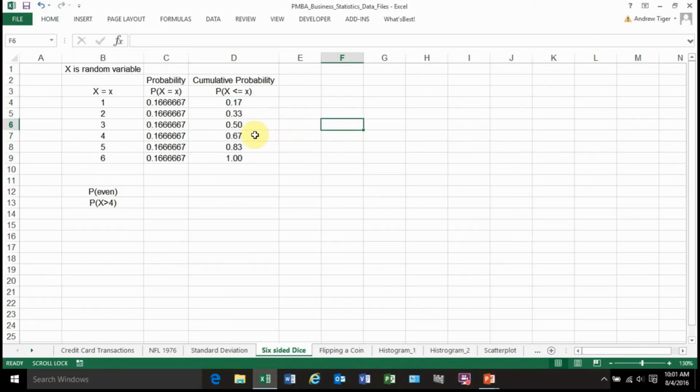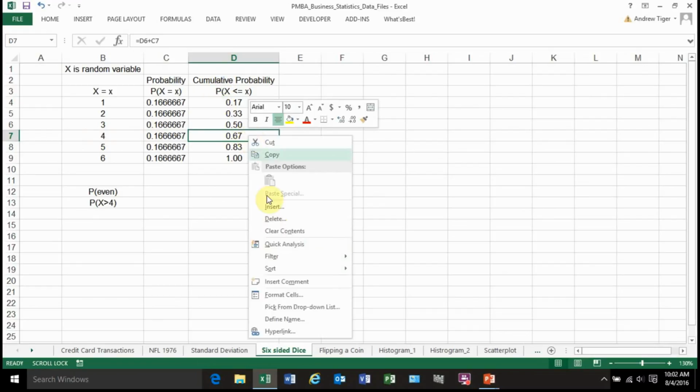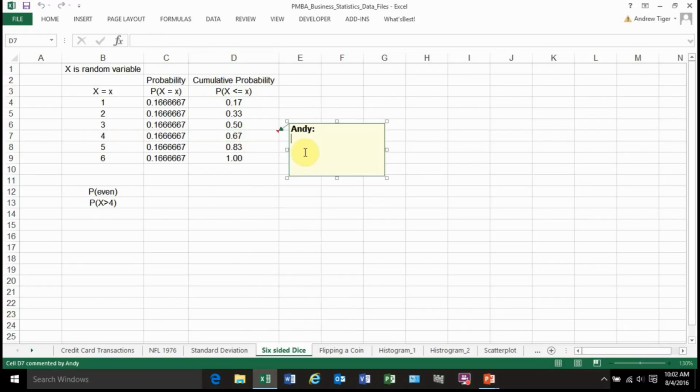So if I look at one of these, like this one, the cumulative probability that x is less than or equal to 4, where your little x is 4, just to make sure, this is the probability that x is less than or equal to 4. It's 0.67.